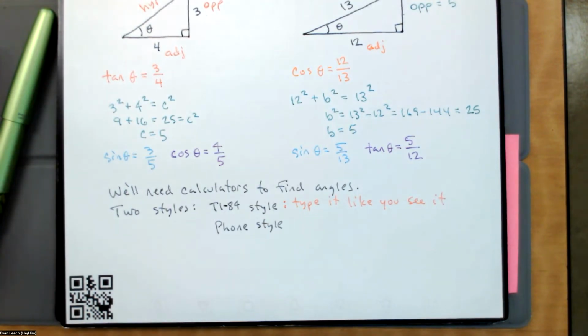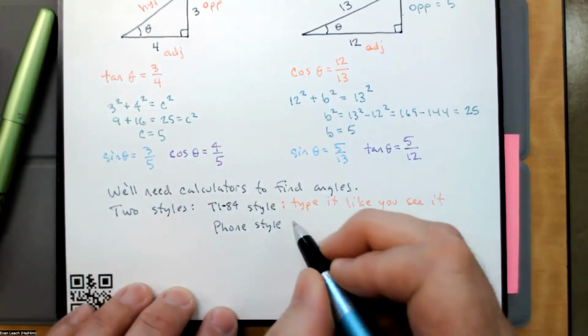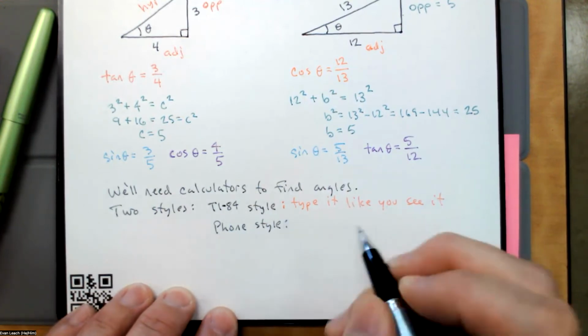Phone style, the buttons don't work that way. You don't push the button. It applies the trig function to whatever's on the screen. So it's kind of backwards, but it also kind of makes sense.